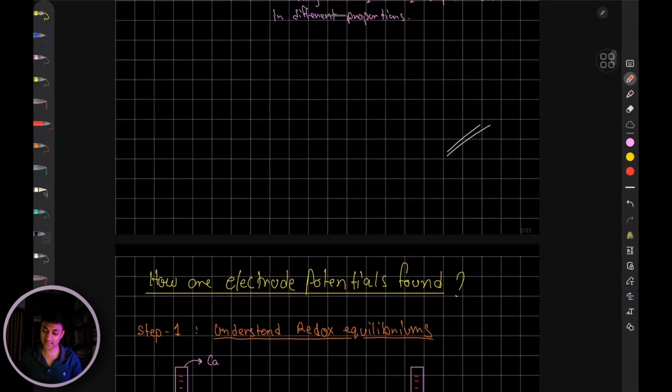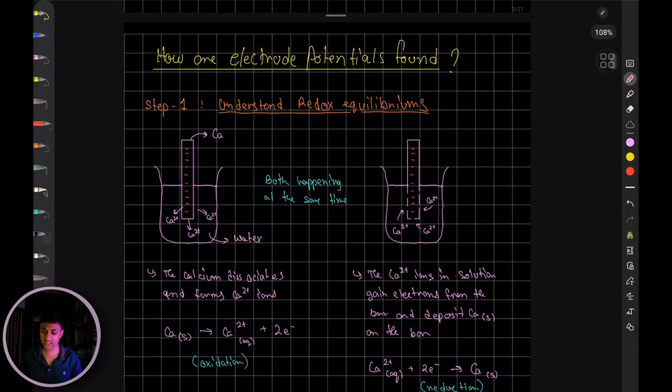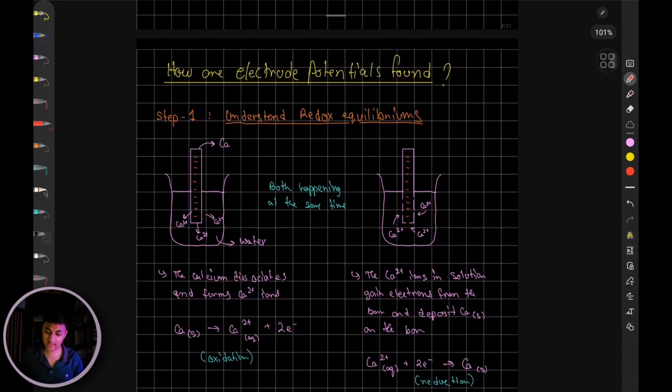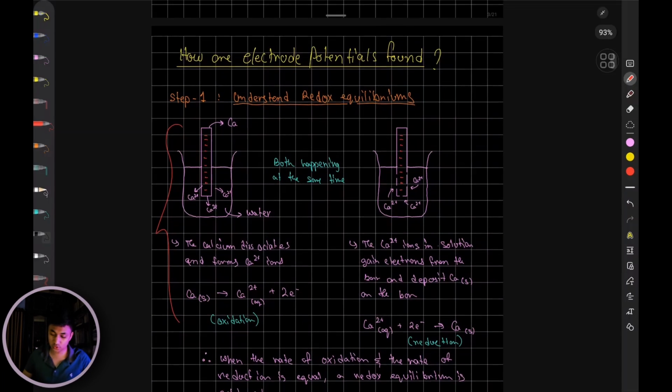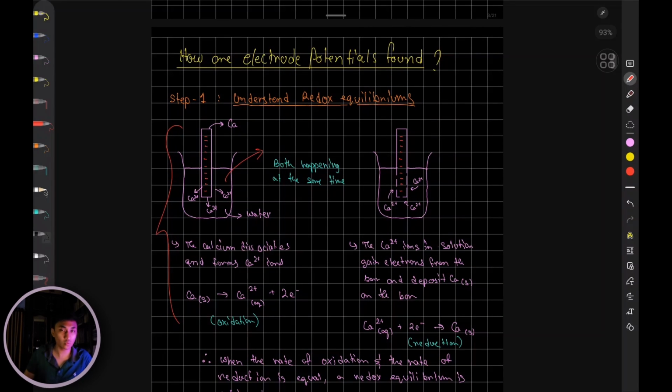So let's better understand that with an example. Let's take a metal, that is the calcium metal, and understand how this redox equilibrium is established and how we get a cell potential or electrode potential from that, right? Okay, fair enough. So first thing, let's say you have a bar of calcium and you put that in water.